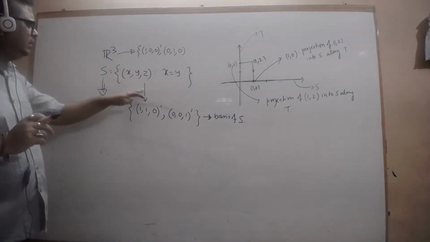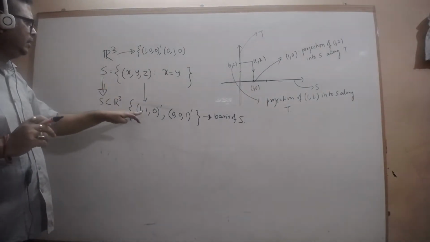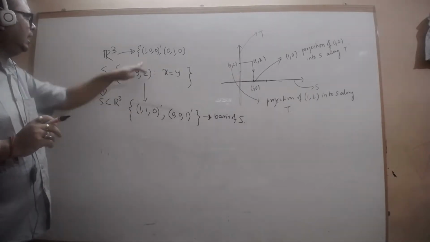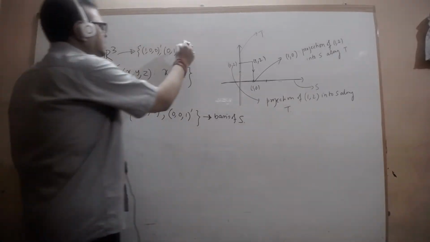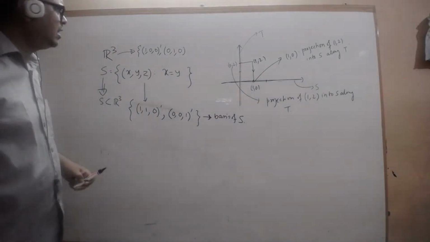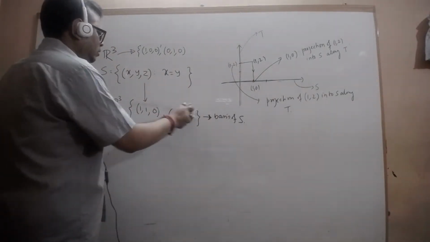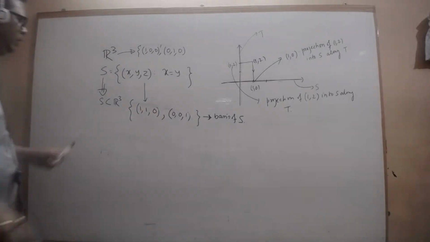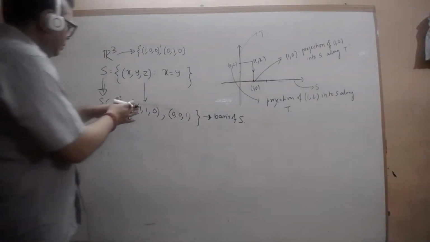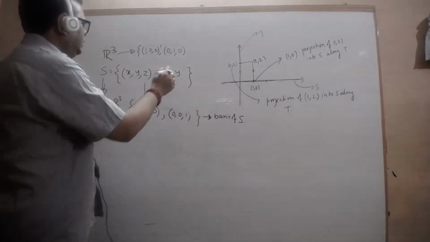So these are the basis of S, and this is the canonical basis. Don't just erase the prime, just write 110 or 001.